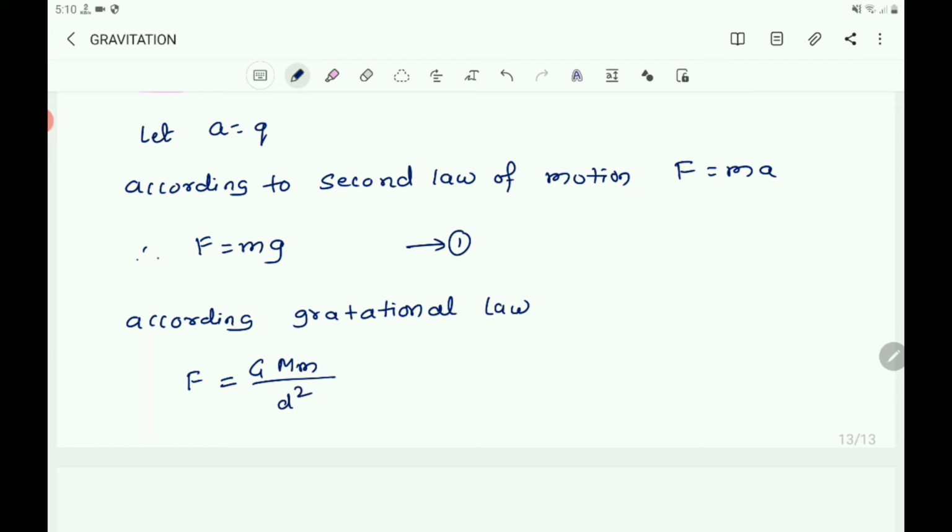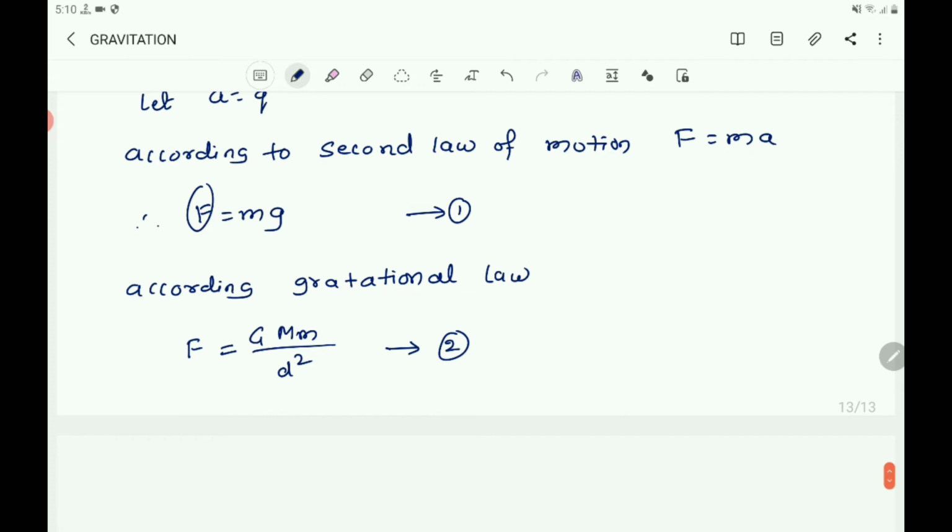That is according to the law of gravitation. Here M is the mass of the earth, small m is the mass of the object, and d is the distance between the object and the earth. Consider that the second equation.